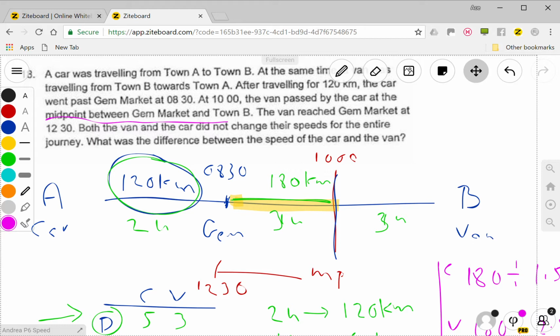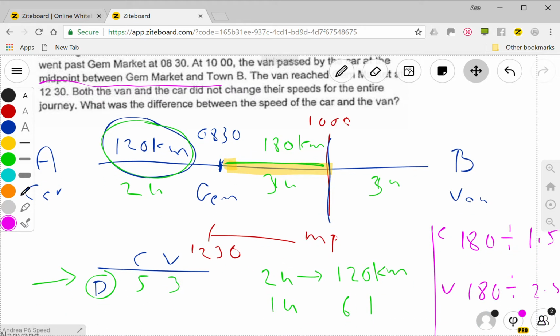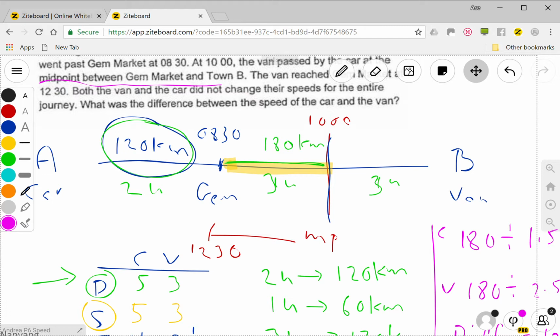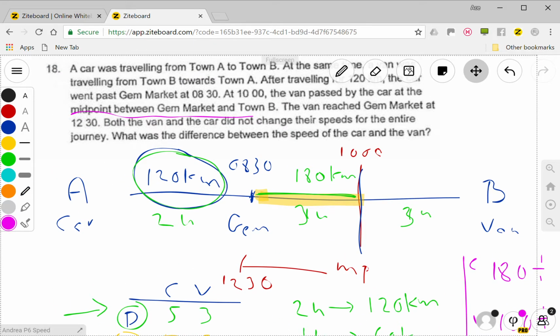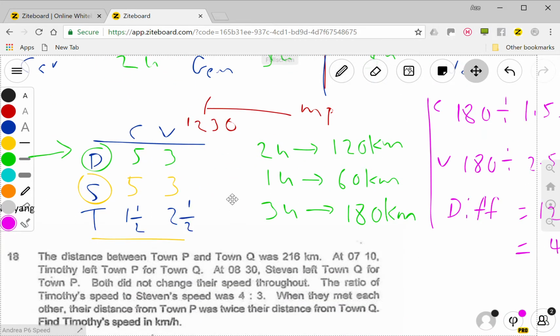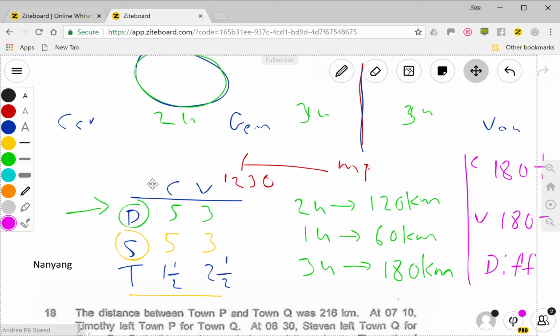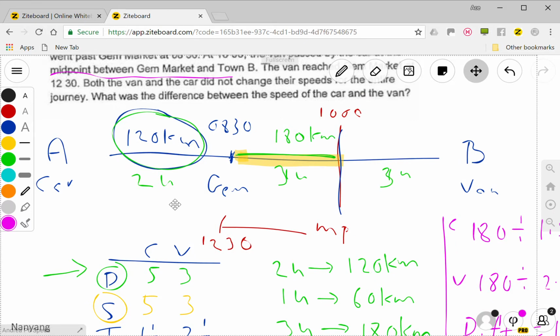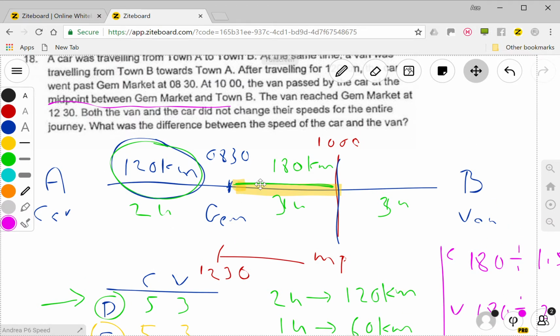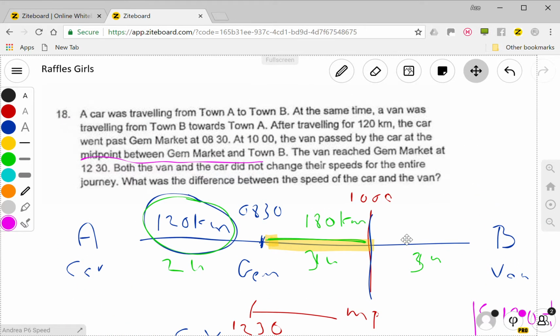Yeah, alright. And then the other thing is you have to be able to see this extra distance, this thing over here. The only way for you to see this is that you must be able to compare with 2 units here, and these 2 units here is derived from here, which is the DST ratio. So without the DST ratio, it will be very difficult to solve this one from Raffles Girls.